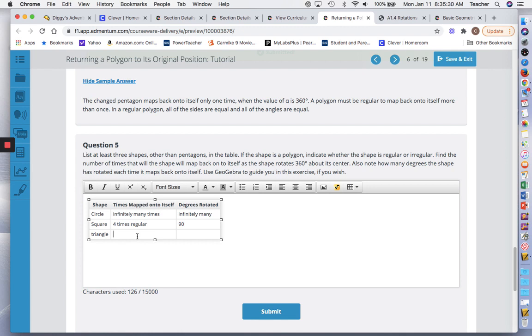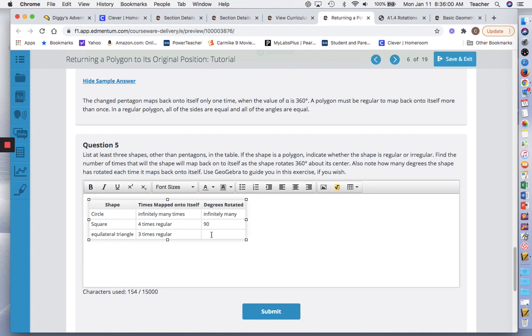All right, so triangle's a little bit different. I just said triangle. You've got equilateral triangles, where all three sides are the same and all three angles are the same. So to make our life easier, I should have said equilateral triangle. And that's where all three sides are the same. So it maps onto itself 3 times because it's regular.